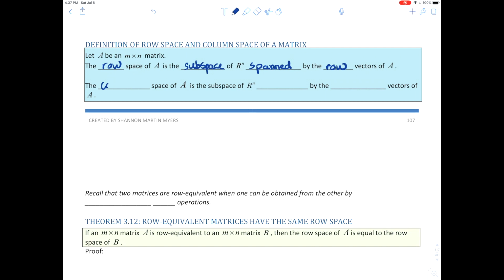The column space of A is the subspace of Rm, and this should be M, I'm sorry about the typo here, spanned by the column vectors.